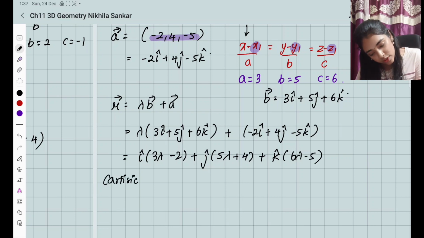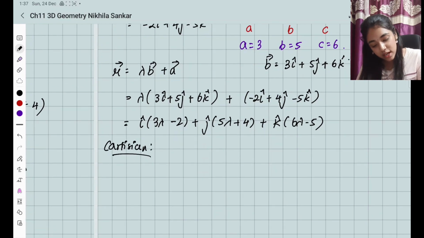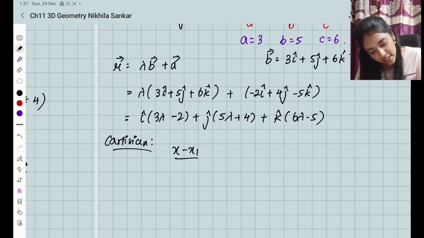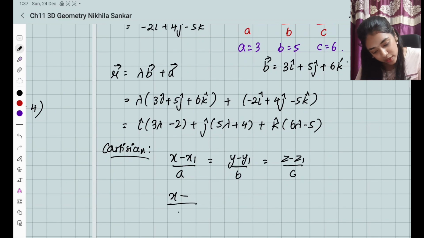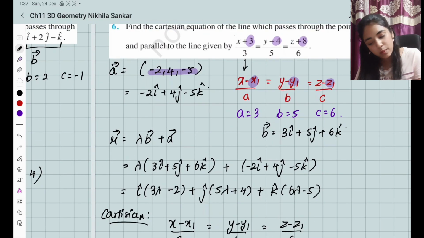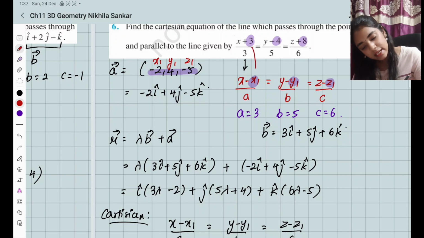இப்போ கார்ட்டீசியன்ல கொடுத்திருக்கிறது என்னது? வேற ஒரு பாயிண்ட்ல கொடுத்திருக்கான். நம்ம பாயிண்ட்ல எழுதுவோம். So x minus x1 divided by a equals y minus y1 divided by b equals z minus z1 divided by c. இப்போ x minus a value என்ன 3 and y minus b value is 5 equals z minus c value is 6. இப்போ x1 y1 z1 என்ன? இதுதான் நம்மளோட x1 y1 z1. புரிஞ்சுதா? இந்த x1 y1 z1 value நமக்கு வேண்டாம்.